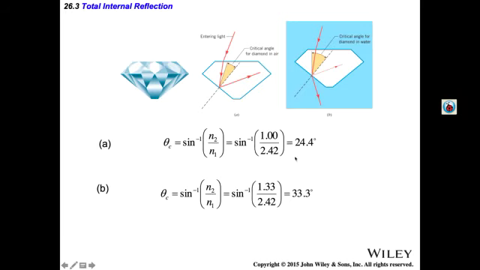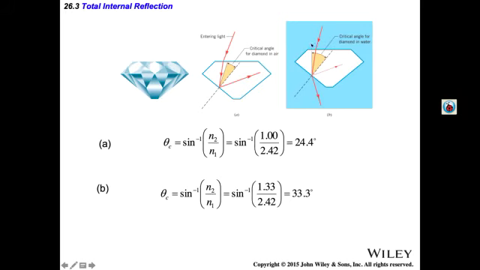The critical angle of a diamond is 24.4 degrees. So if it comes in at 28, it's going to be totally internally reflected. When it's in water, some of it is going to get out, because the critical angle is changed because of the two mediums.